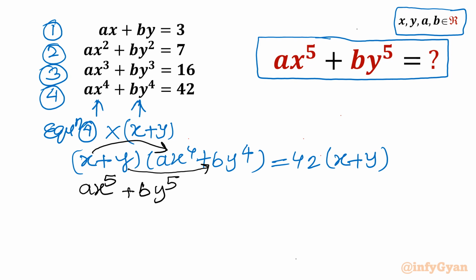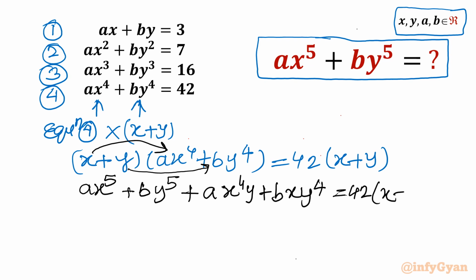Done. Now cross multiplication: x with by^4, so I can write bxy^4, and y with ax^4, so I can write a times x^4 y plus b times x y^4 equal to 42 times x plus y.